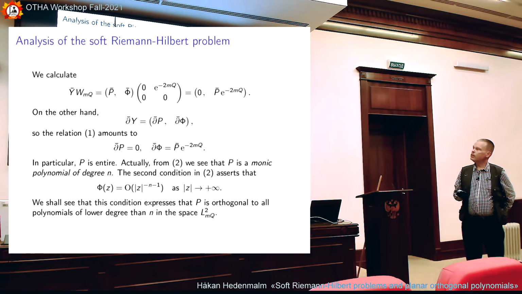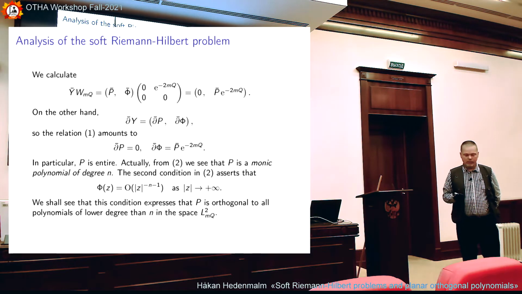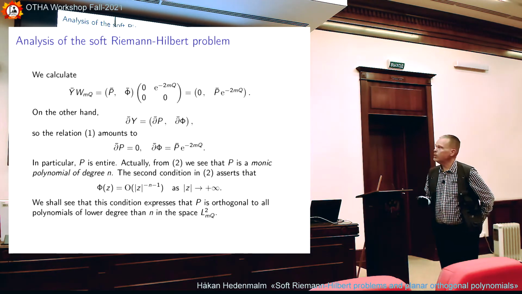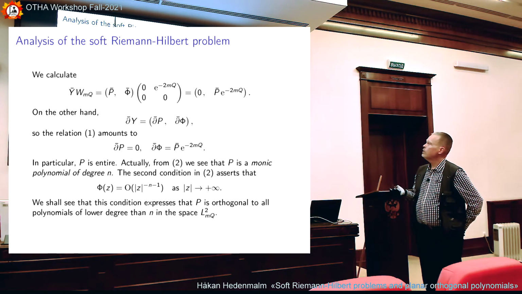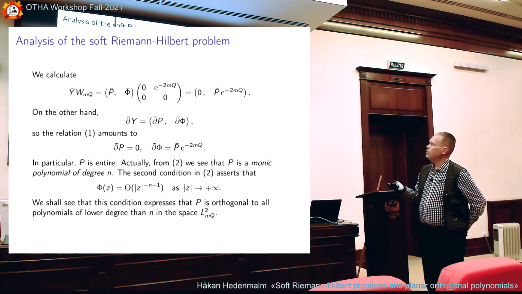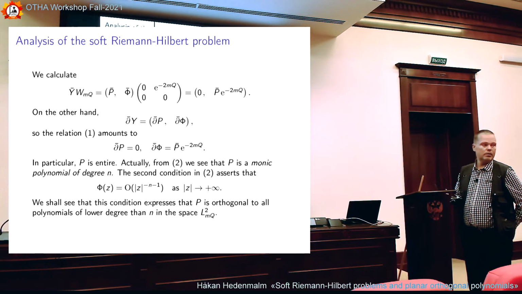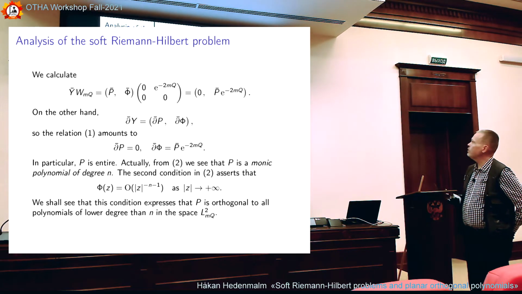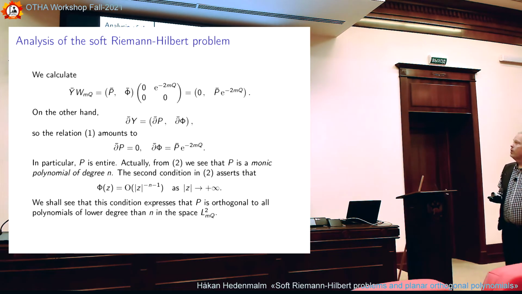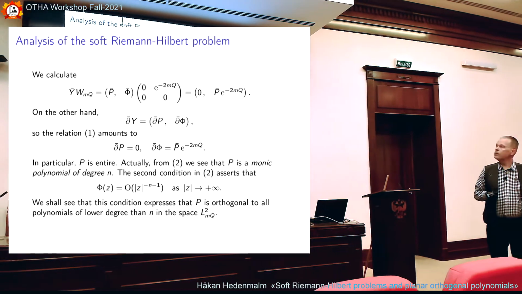Okay, and then we just look at what this problem is. We calculate this y bar times w, and we get the row vector 0 and p bar e to the minus 2 n q. On the other hand, you just take d bar, which works component-wise on the vector.